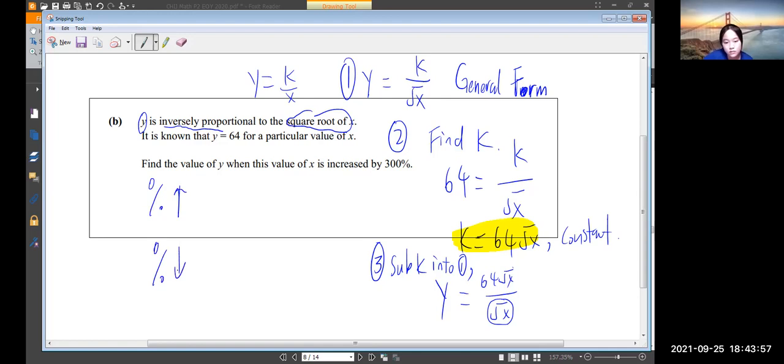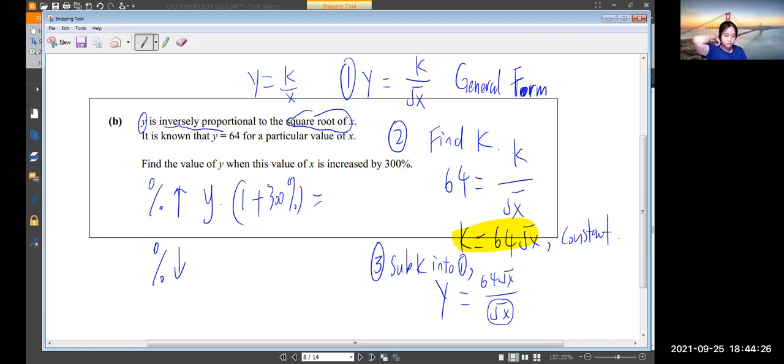The formula for increase: let's say everybody starts with 1. Increase by 300% is always 1 plus 300%. Whatever you start with, let's say you start with a.